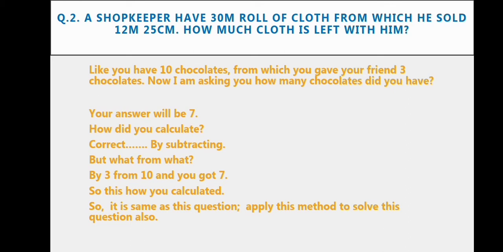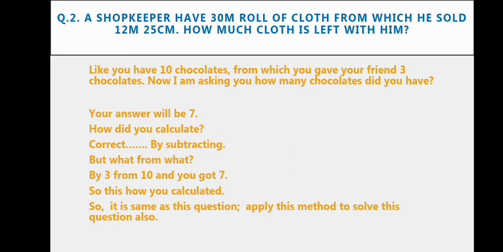But how did you calculate? Correct, by subtracting. But what from what? 3 from 10 and you got 7. So this is how you calculated. So it is the same as this question. Apply this method to solve this question also. Means we have to subtract both the numbers given.